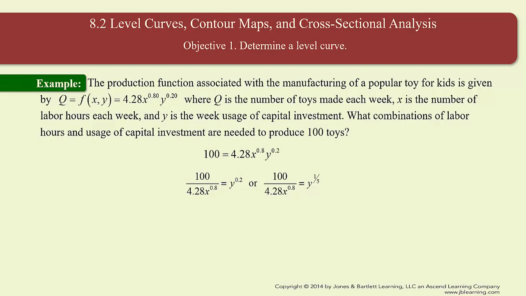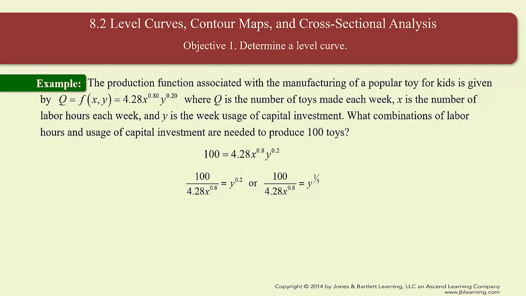If that fraction ended up being something like 23 over 100, instead of 1/5, I would raise both sides of the equation to the 100 over 23 power to end up with just a y.